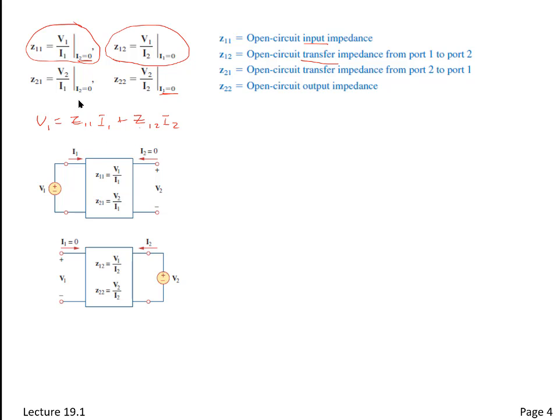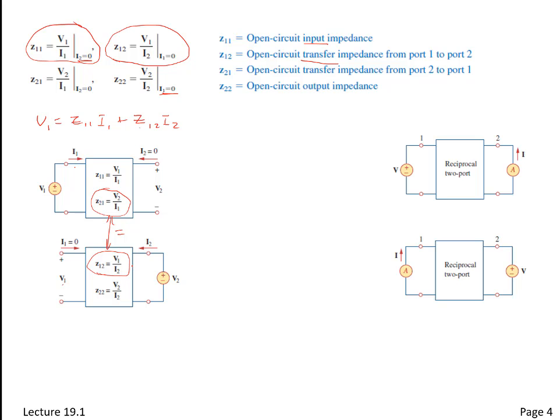Similarly, if the transfer impedances are the same, in other words, if V2 related to I1 is the same as V1 related to I2, then we call the circuit reciprocal, because what transfers is going to be the same.